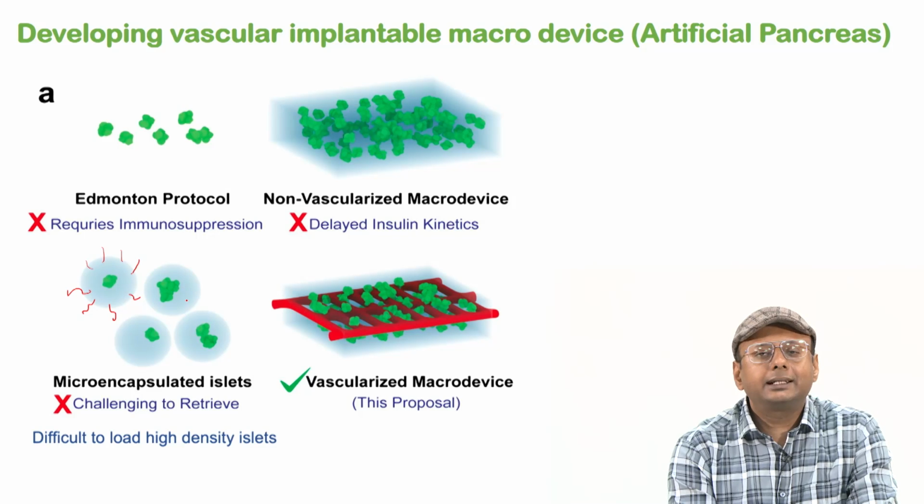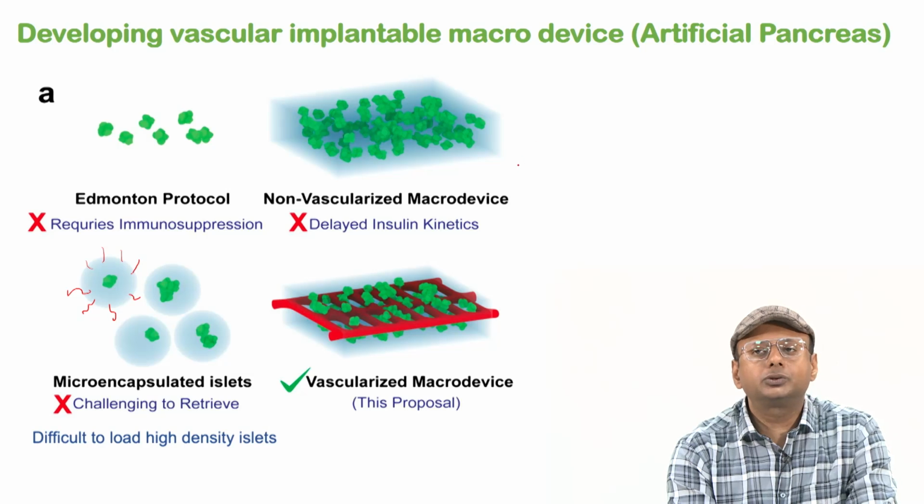But as we just said, there are a few challenges. First is the difficulty to load high density islets, and even if you load high density islets, the volume becomes too much, so that in case of any complication you cannot retrieve that many capsules. Also the space is not enough to implant that many capsules.